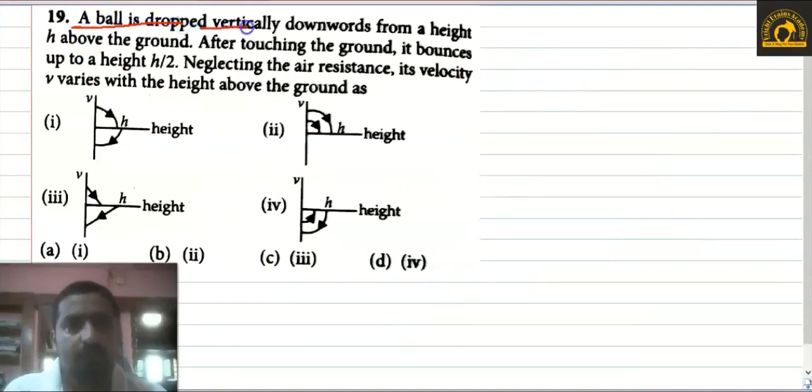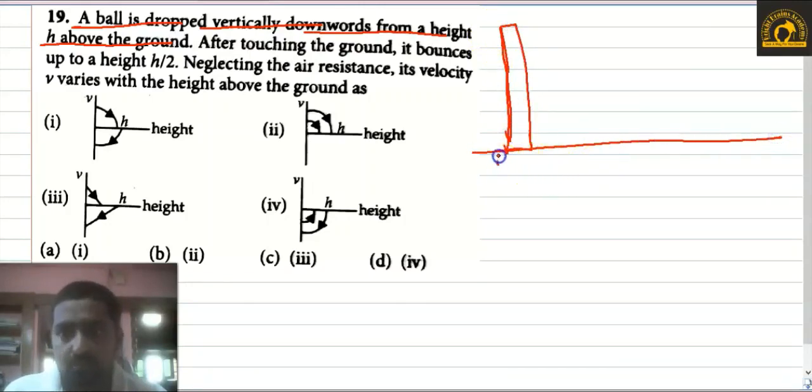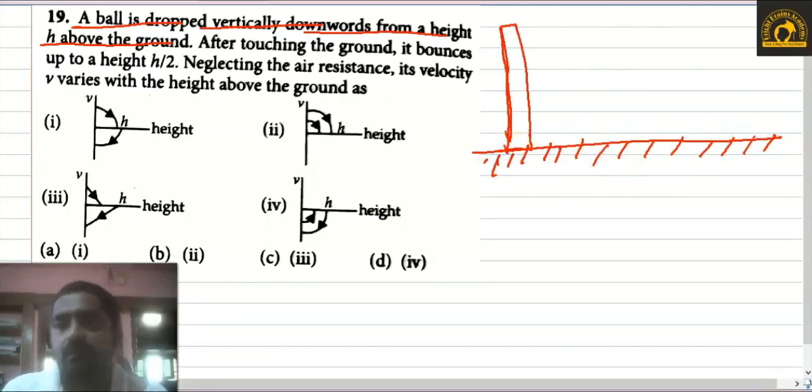A ball is dropped vertically downward from a height h above the ground. Okay, so this is the building, and this is the ground. The ball is dropped from the height h, from the man.